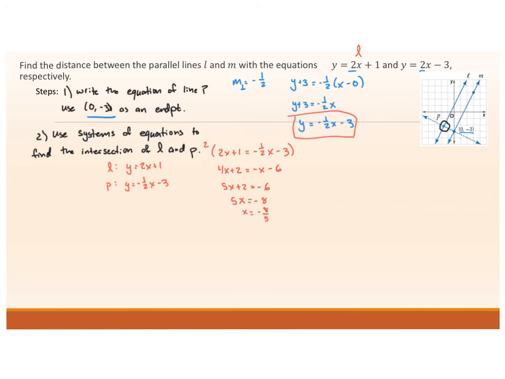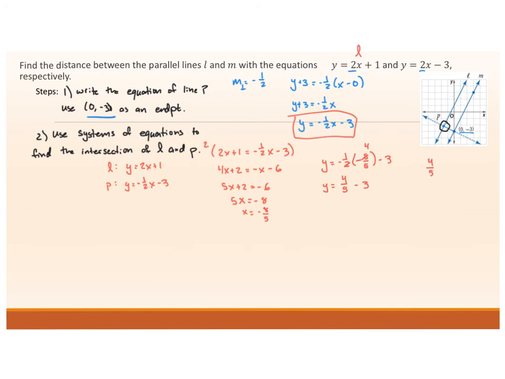-8/5. Now I need to find y, so I'm going to take my line P, because that's my perpendicular line, and I'm going to plug x in there. Okay. My 2 and my 8 are going to cancel out, and I'm left with 4. So y is equal to 4/5 minus 3. Now I need to do a little bit of fraction work.